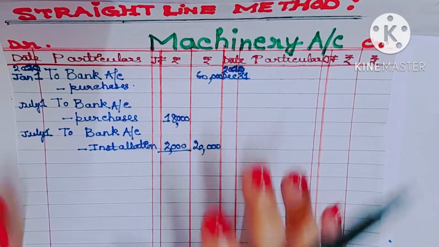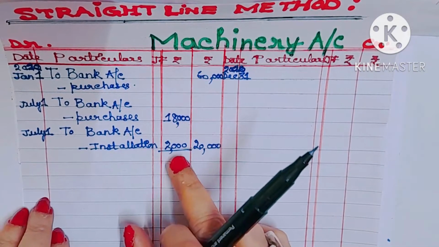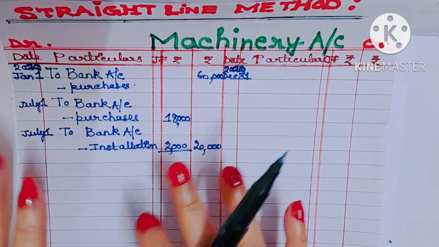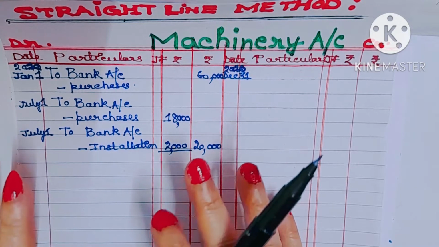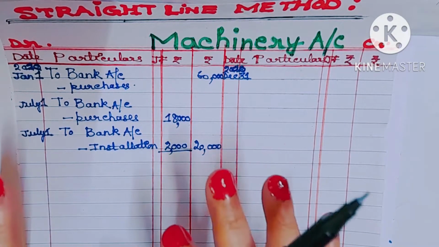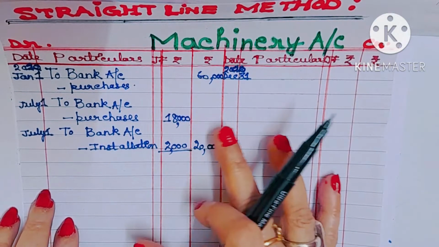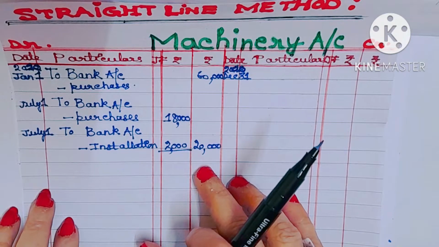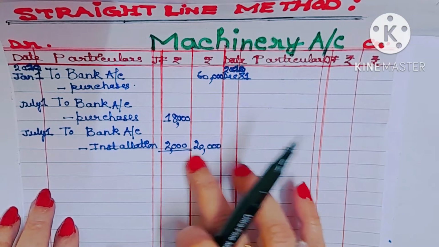Total cost of the machinery. Total cost of the machinery হলো 18,000 plus 2,000. Please remember, any expenses incurred for bringing the asset to usable condition will be included in the total cost of the machinery. তার মানে 18,000 is not the cost of the second machinery. The total cost of the second machinery is 20,000.